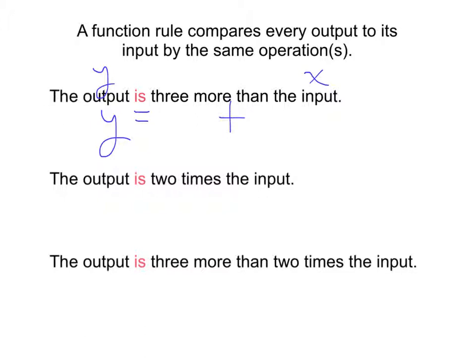Now, when you say 3 more than the input, I want you to think about, what are you starting with? Are you starting with 3, or are you starting with some number that's your input? And basically you're going to be starting with that input number. So even though in English the 3 is coming first, when we write this in math, we're going to write the x first and then the 3.